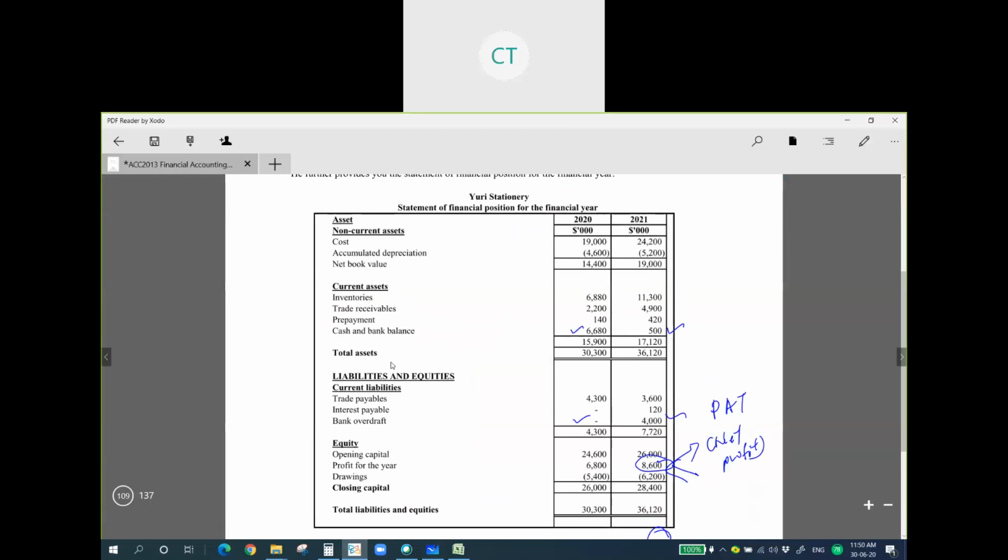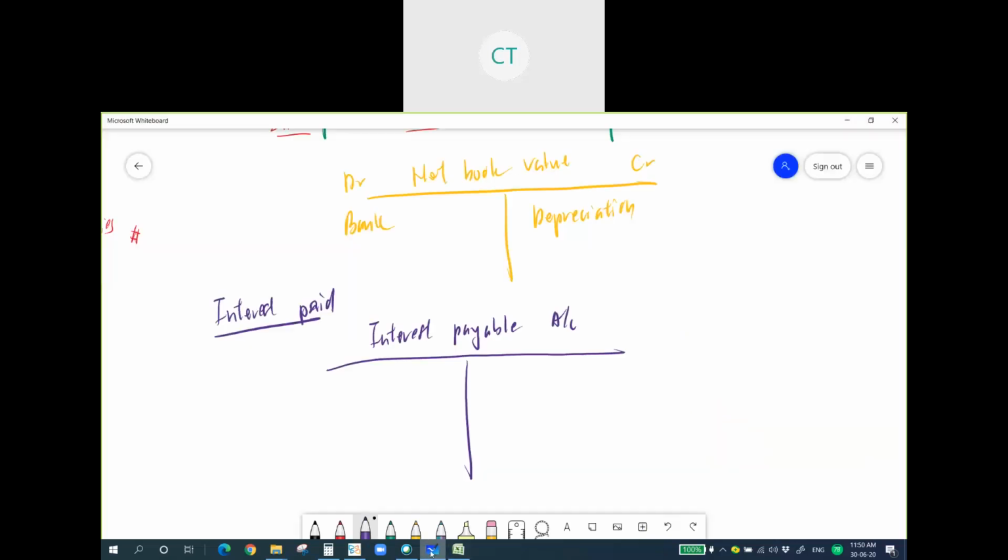Interest payable account is 0 in year 2020 and 120 in year 2021. So meaning that my balance b/d is nothing, 0, and my balance c/d is 120. Why do we put the opening balance for interest payable on the credit side? Because this is a liability. For liability, the opening balances we put on credit.